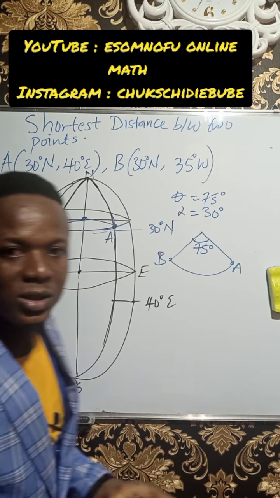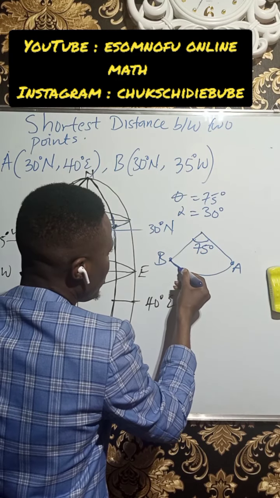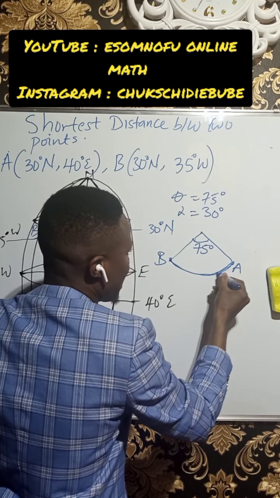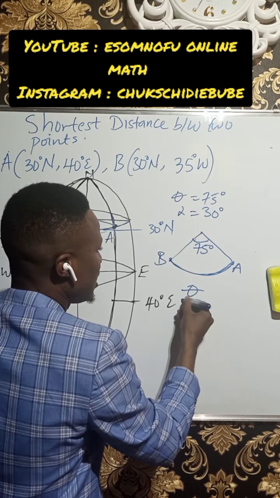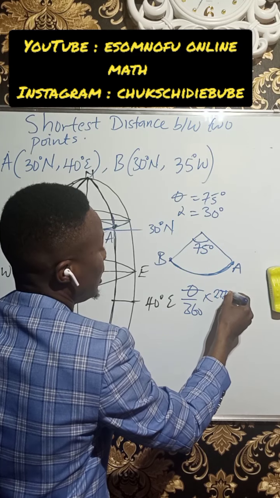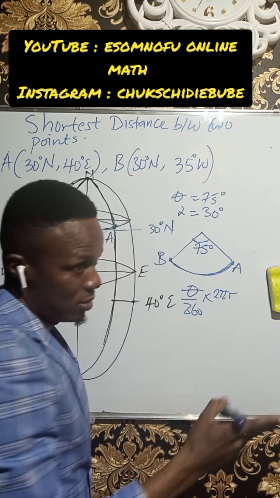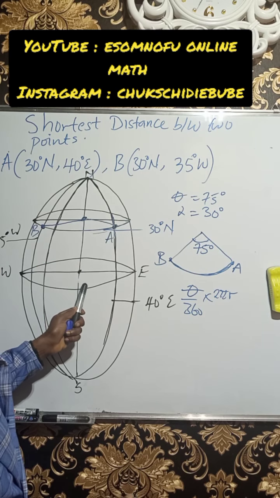Now, assuming the question says distance between A and B, it means that you are going to use the length of arc. The length of arc of a circle is theta over 360 times 2 pi r, small r, because this is a parallel of latitude, a small circle, not from the great circle.